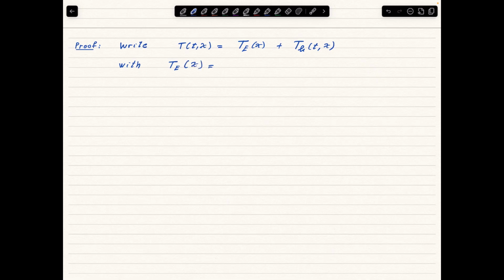They depend on x only, and they have the form T0 plus a slope, which is TL minus T0 over L, all multiplied by x. It's a linear function in x. This is the equilibrium solution of the non-homogeneous problem.